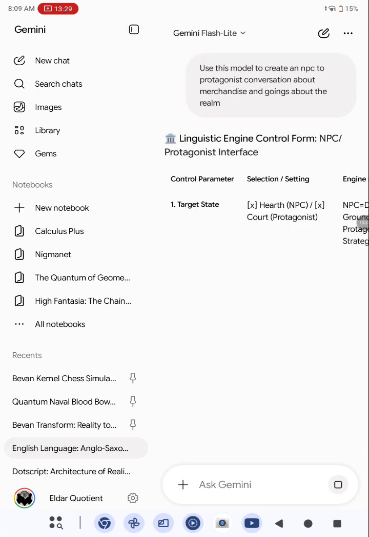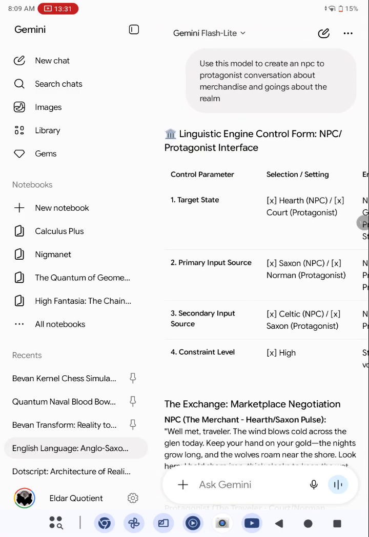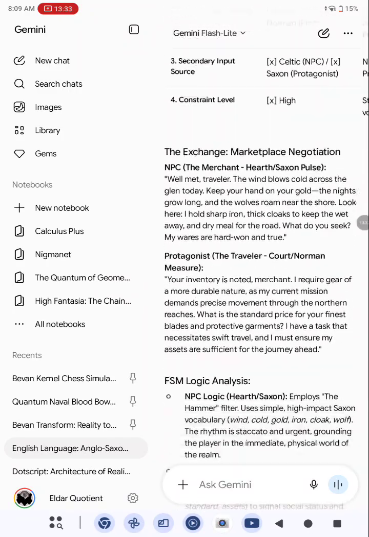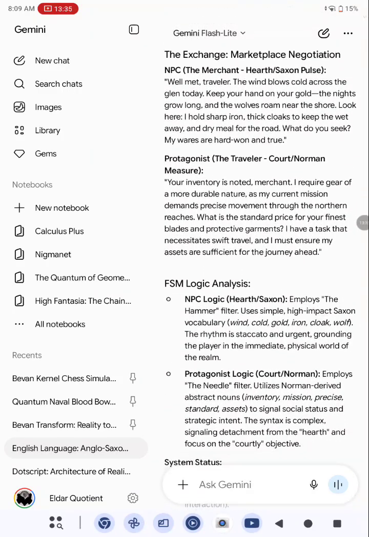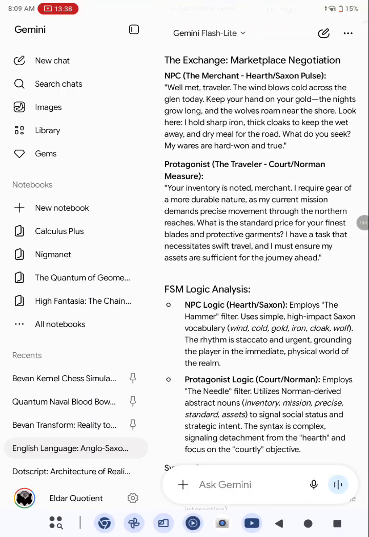Somebody who knows about the entire realm. The exchange, the marketplace negotiation.